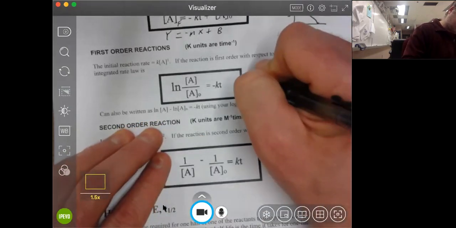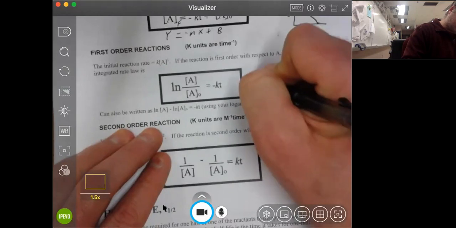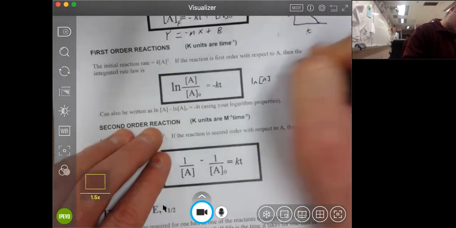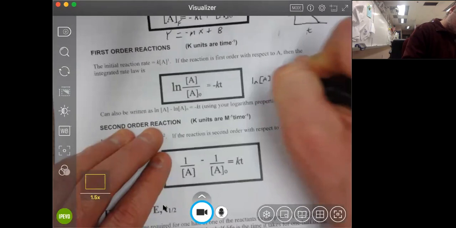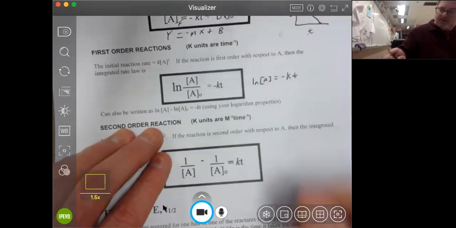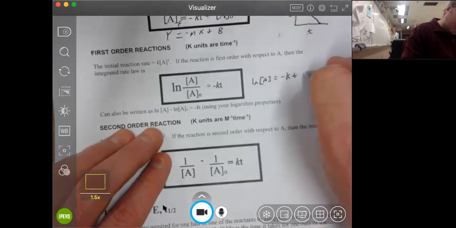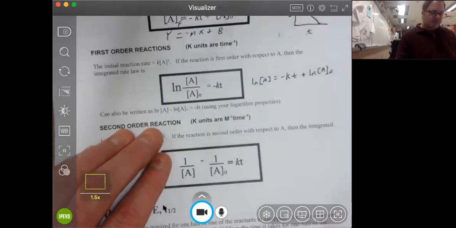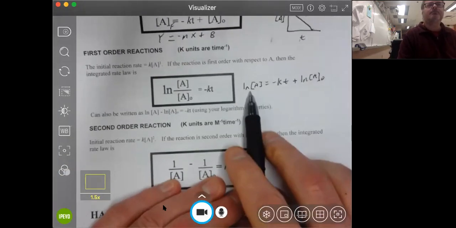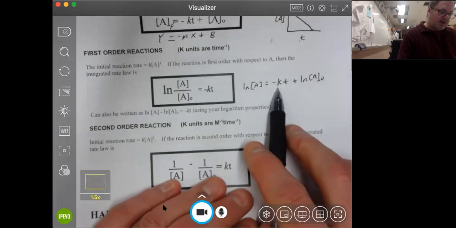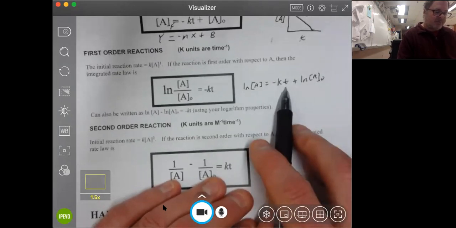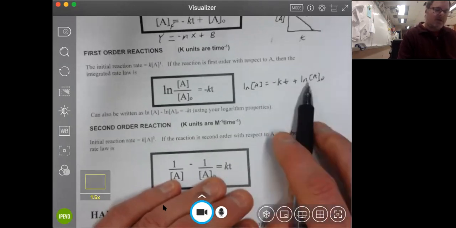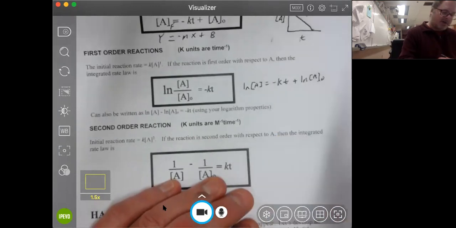So that would give us the actual equation that they give you on the equation sheet, the formula sheet. We're adding that to both sides.